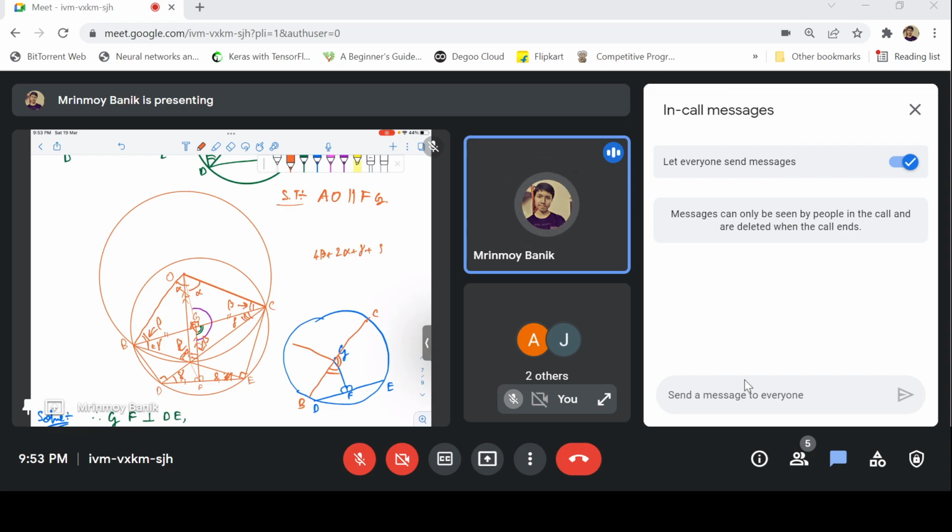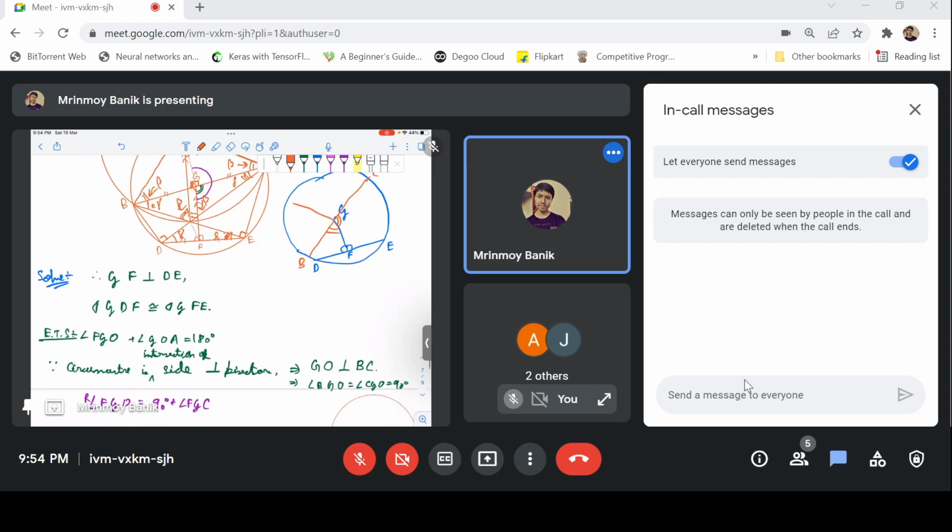This gamma plus delta equals 360. What can we say about gamma plus delta? Beta plus gamma is getting out of control now.